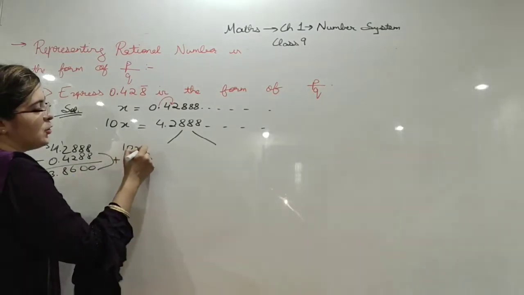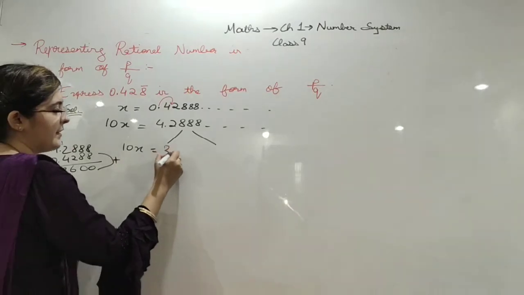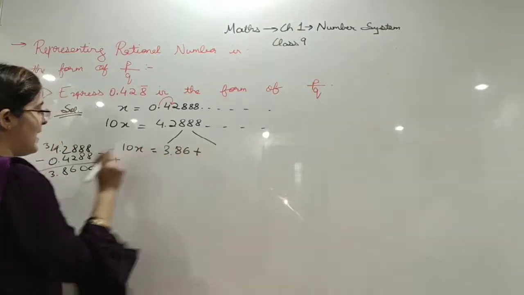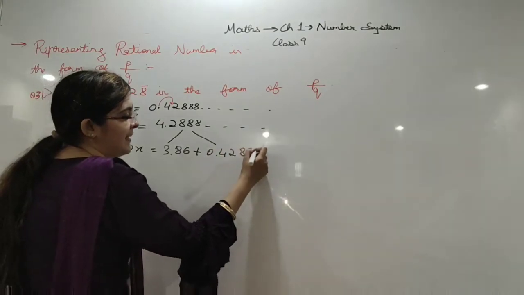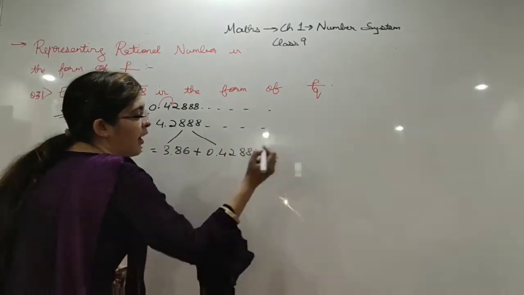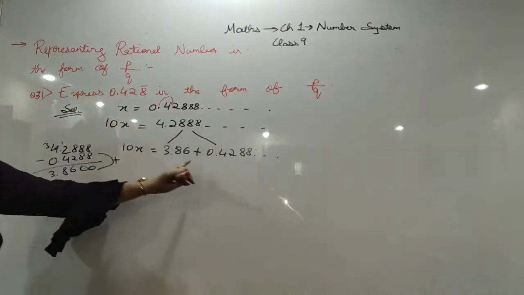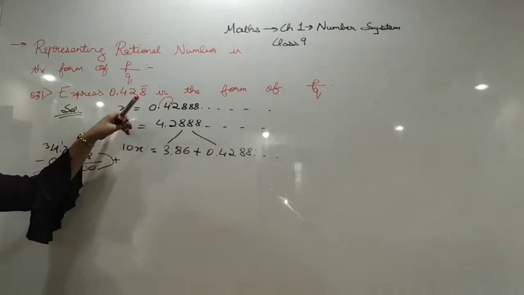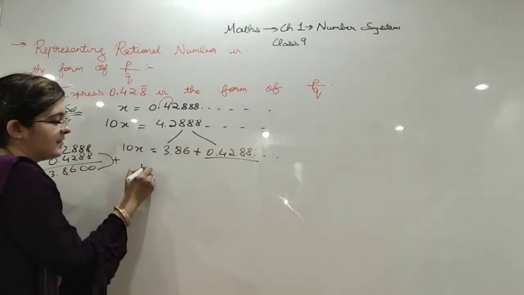So here we will do 10x is equal to 3.86 plus 0.42888. Now 0.42888 was x, so in place of this we will put x.